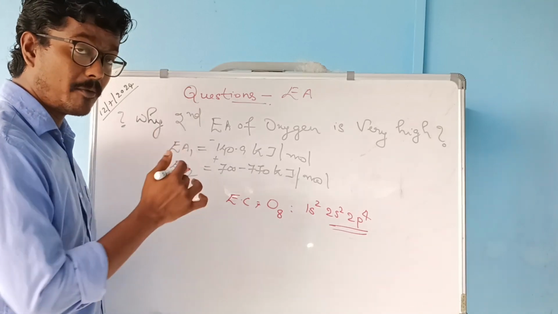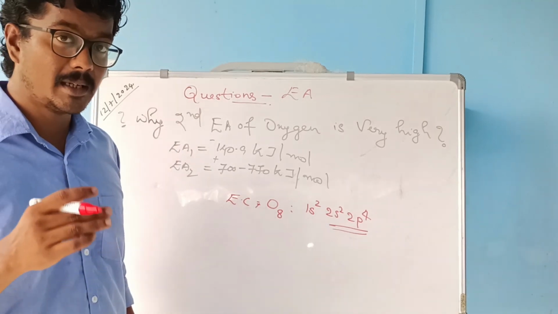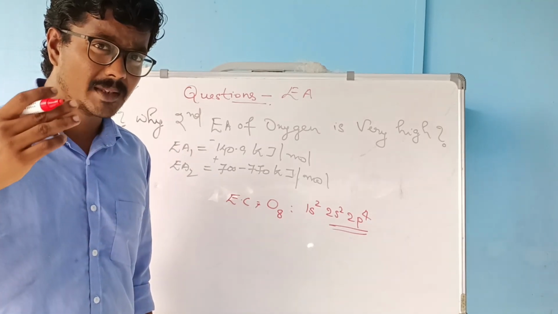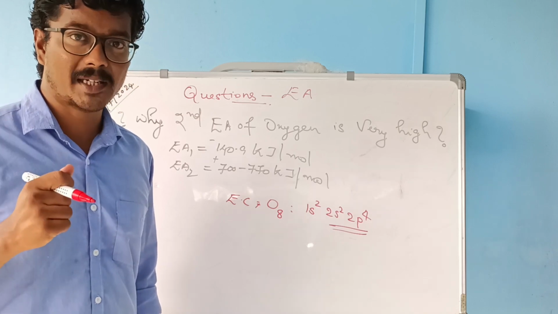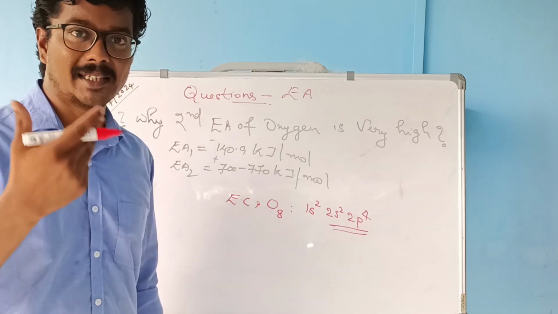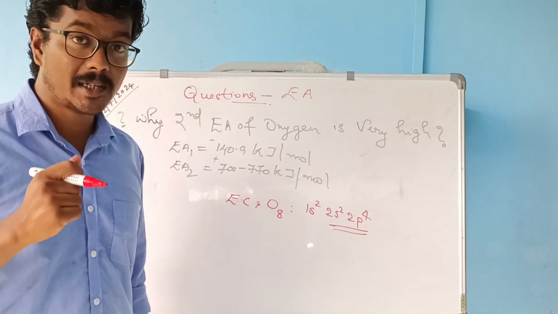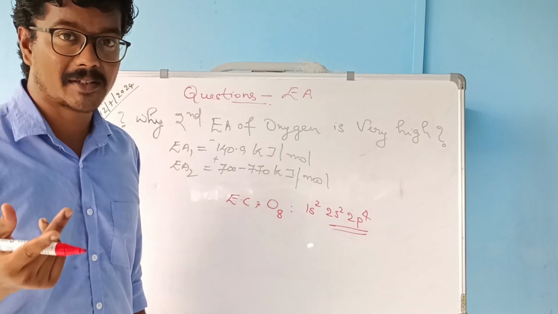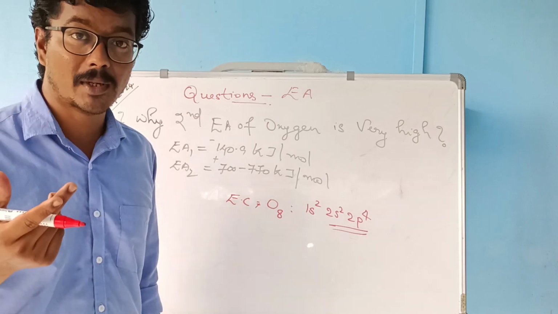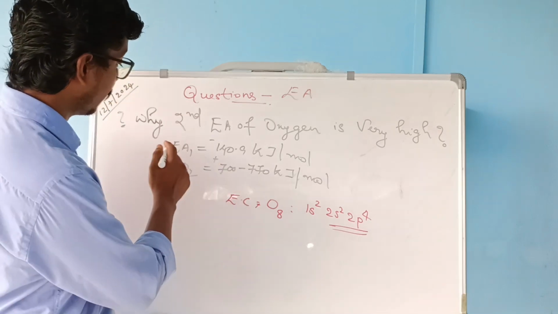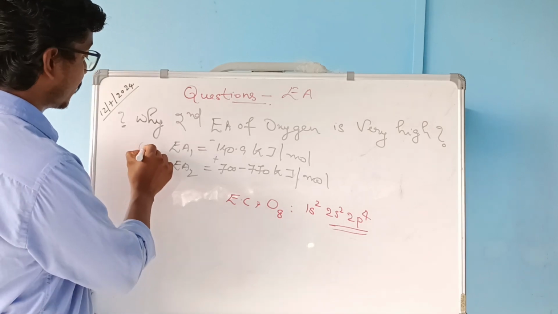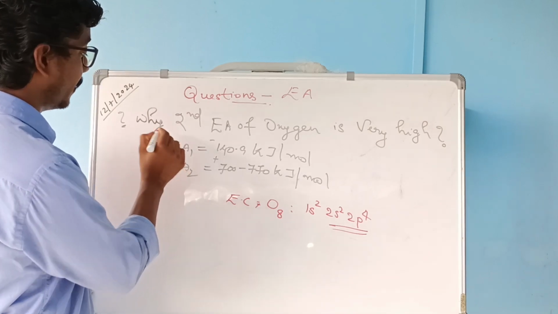So EA1 means the electron affinity, which means the tendency to accept an electron, and as a result, energy is liberated. Accepting an electron means adding a negative charge, that is converting to an anionic form, right? So this EA1 of oxygen converts O to O minus.